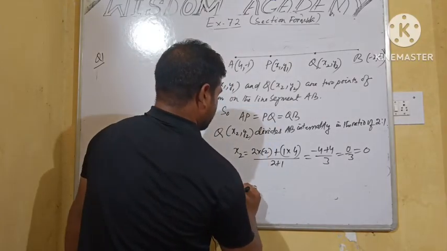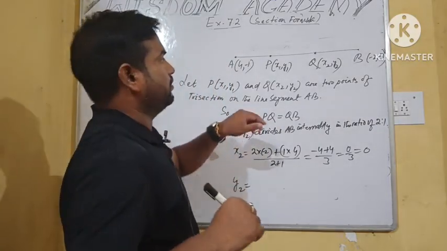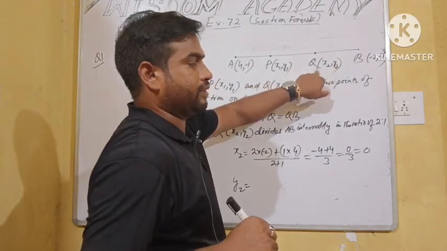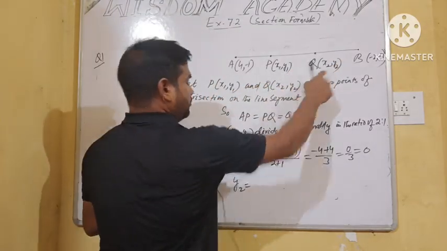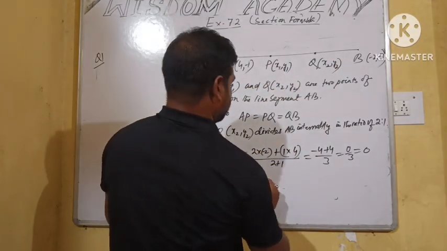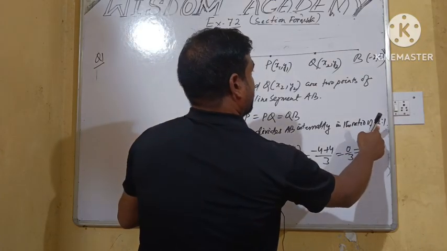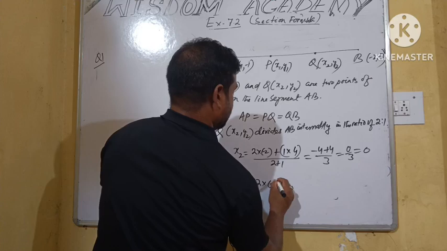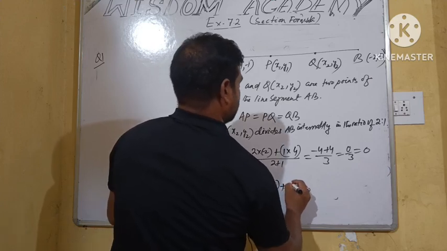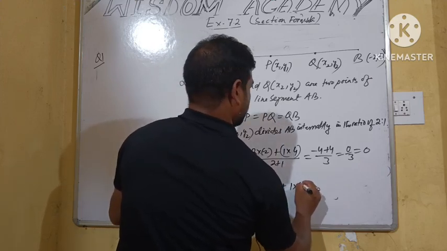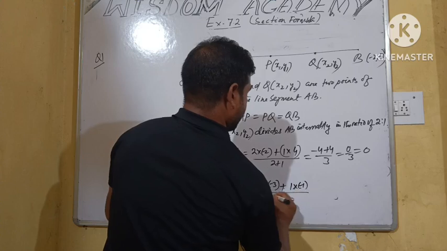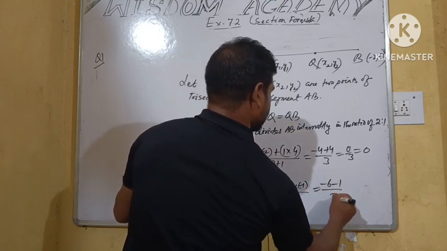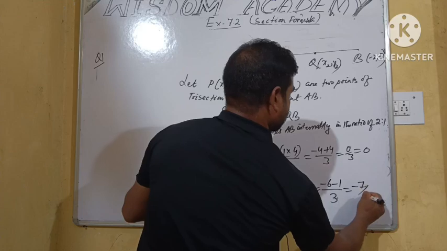Then find the ordinate value of Q. Ordinate is y2. So y2 is 2 into minus 3 plus 1 into minus 1 by 2 plus 1, minus 6 minus 1 by 3, minus 7 by 3.